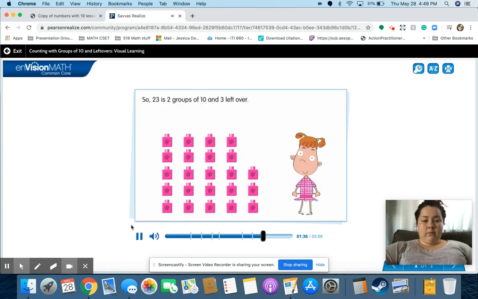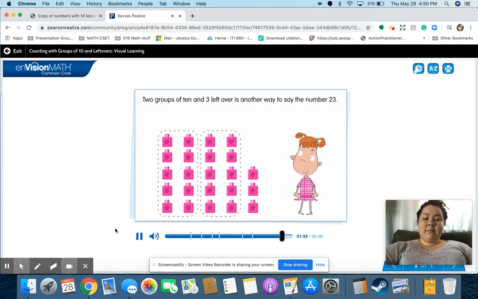So, 23 is 2 groups of 10 and 3 left over. 2 groups of 10 and 3 left over is another way to say the number 23. Now you know how to put objects into groups of 10 to make them easier to count.